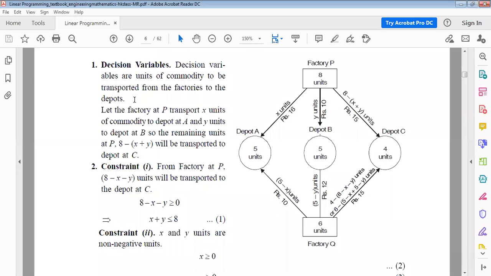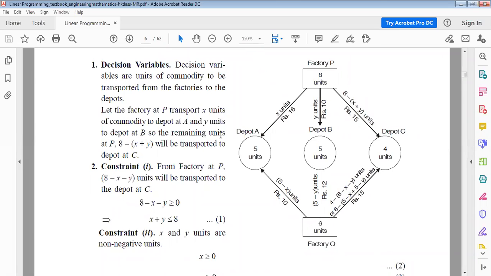Now the decision variables can be taken from both factories. Let the factory P transport X units of commodity to depot A and Y units to depot B. That means X units going from factory P to depot A, and Y units going to depot B. Remember it.